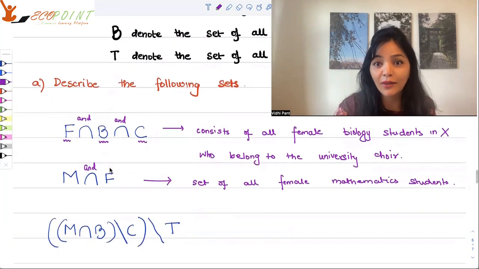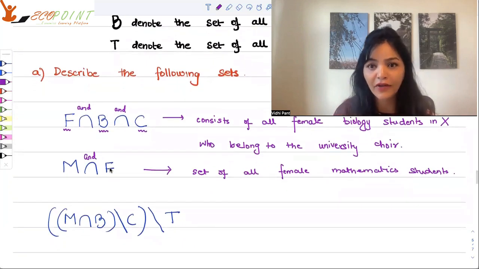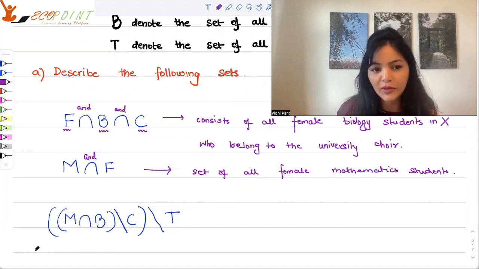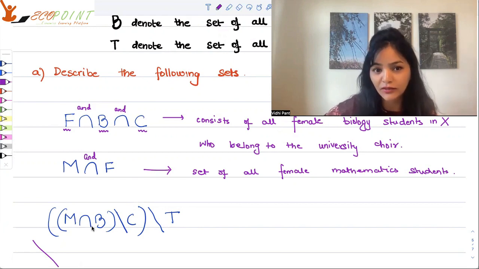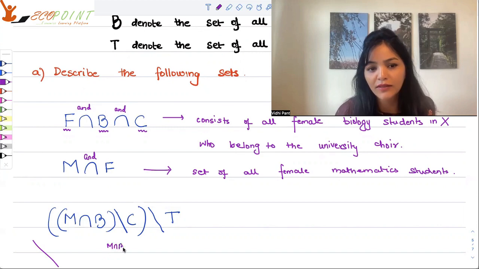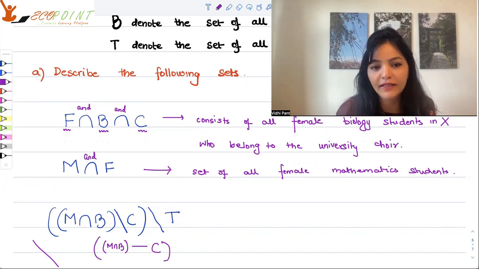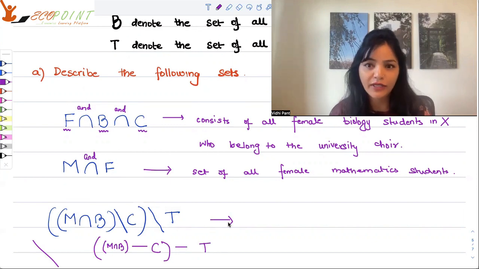The next symbol I want you to carefully pause and write down wherever you're noting this. Now, this symbol stands for minus or exclusion. So M intersection B, exclusion C, and the entire thing excluding T. What would that mean? If you want to simplify it for yourself, you have M intersection B minus C, and then whatever is the result, minus T. So what set will you get out of this?